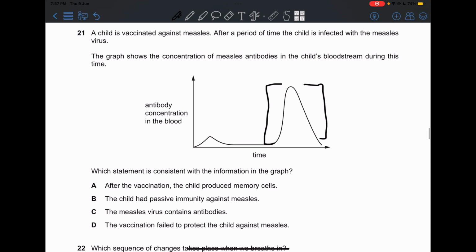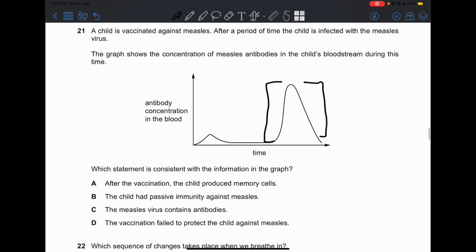There was a very large increase in the antibody concentration in the blood. So when memory cells are produced, they usually produce antibodies when there is another infection for the second time, so it can destroy or fight the pathogens in the blood. Now over here we should choose something where there was production of memory cells, and that is going to be option A.